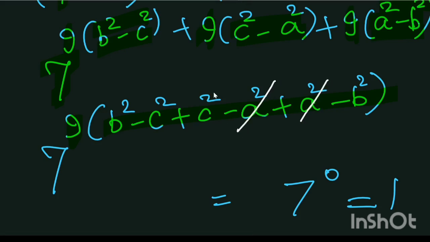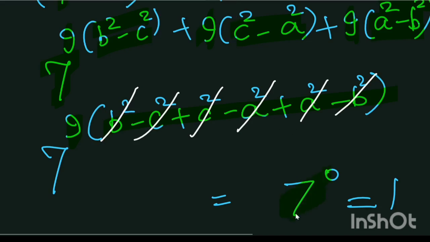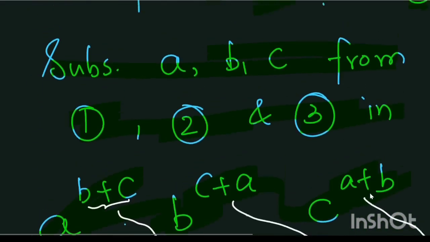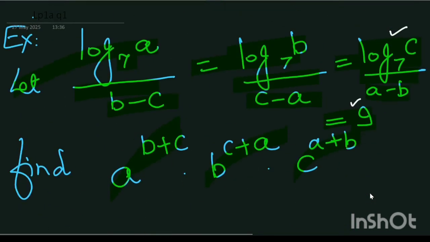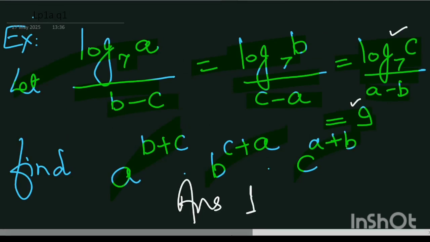A square minus a square, c square minus c square, b square minus b square get cancelled. 7 to the power 0 we will get, which is 1. So the answer to this question, once it is solved, is 1. And mainly we use the basic definition of logarithms.